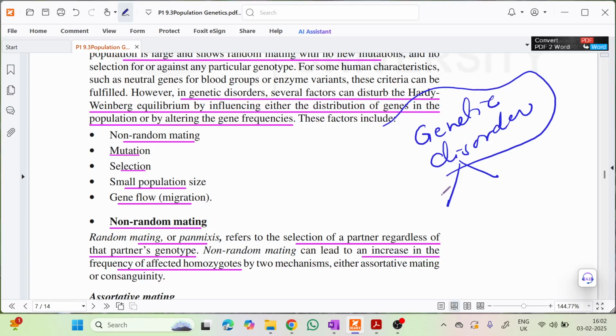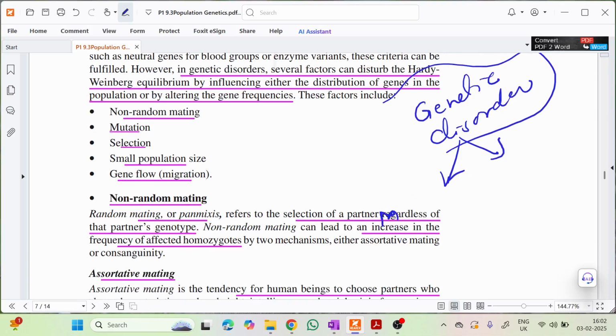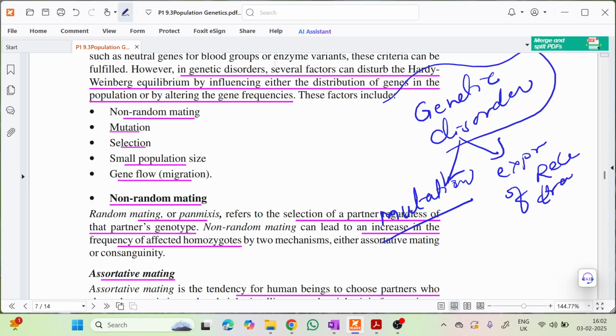Genetic disorders get in via two mechanisms. The first one is mutation and the second one is expression of recessive traits. As we saw in Hardy-Weinberg, the frequency of dominant homozygous is p square, the frequency of heterozygous is 2pq, and the frequency of recessive is q square.